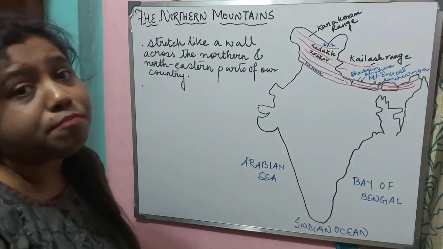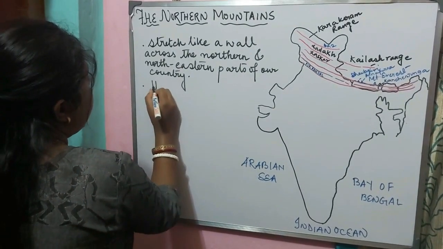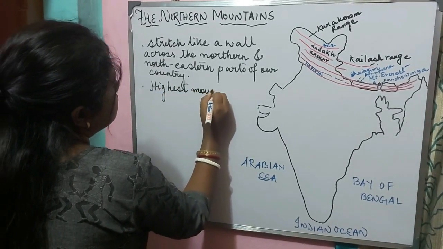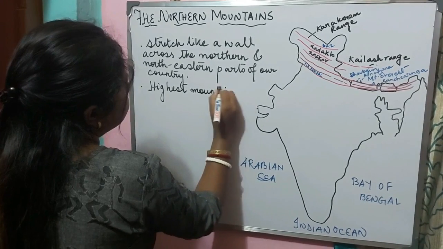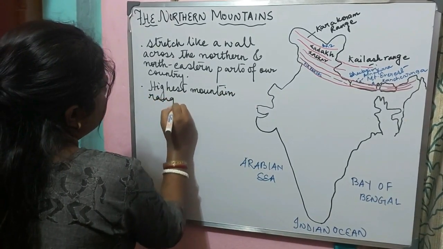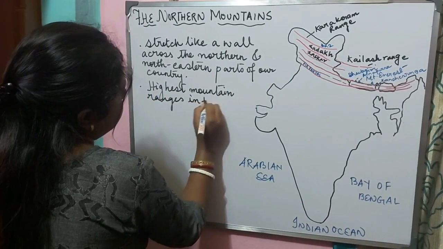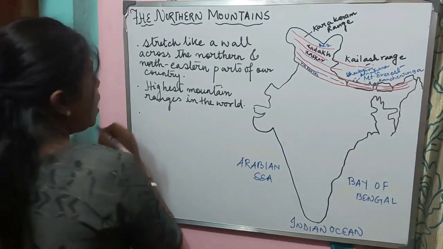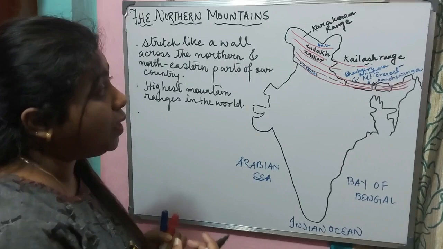Now, these northern mountains are the highest mountain ranges in the world. Which are the ranges that we can see here?